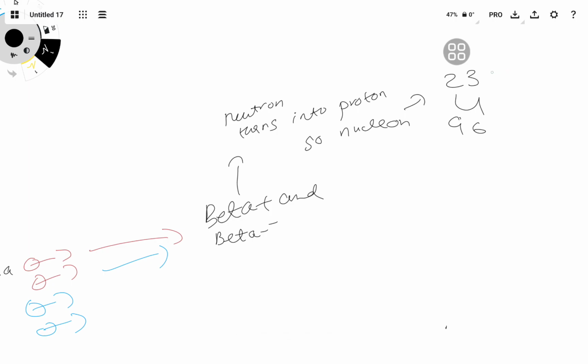So the proton number would change while the nucleon number stays the same. Neutron turns into proton, so the nucleon number stays while the proton number increases.